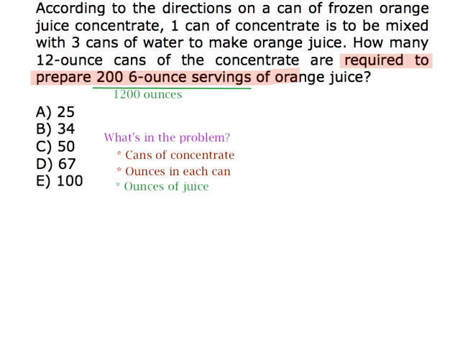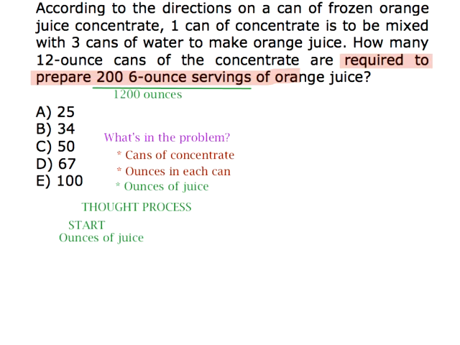Okay. And then how many cans of the concentrate? So let's just think about the thought process. Again, your organizational device doesn't have to be a chart, but you should at least think about what the thought process is. So we start with ounces of juice. And then we're going to go from ounces of juice to, what does ounces of juice relate to? Where are we going to go from there?